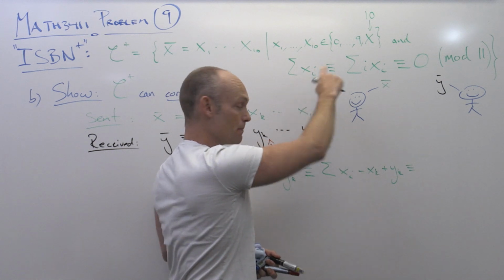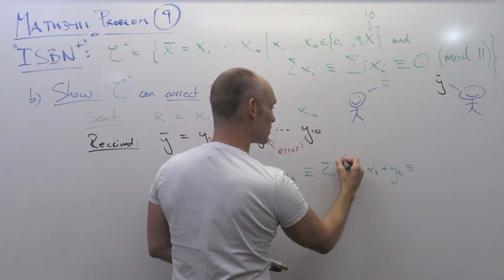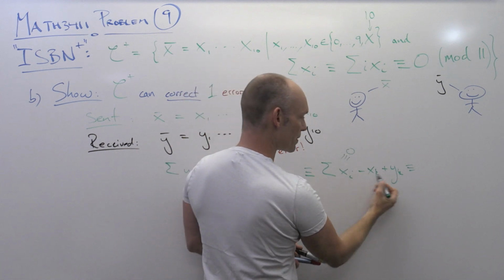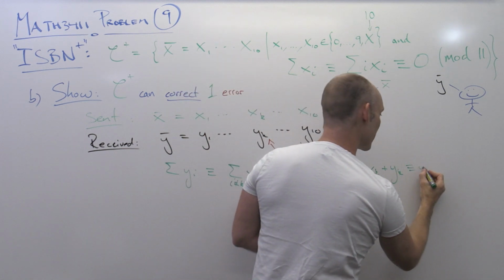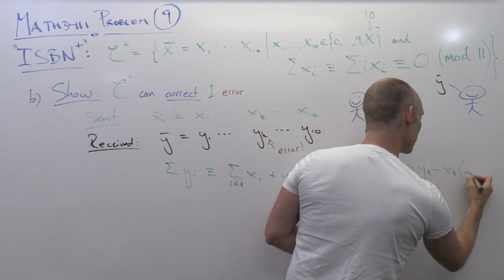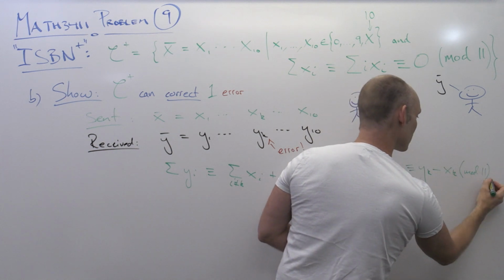Because of this condition here, this sum is congruent to 0 mod 11. So we just end up with these terms, and let's just turn them around to make it neater. yk minus xk mod 11, and there we go.